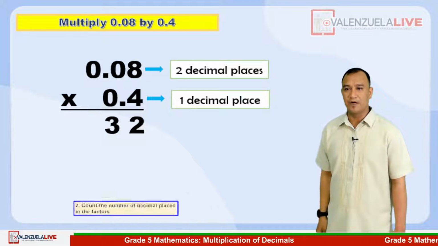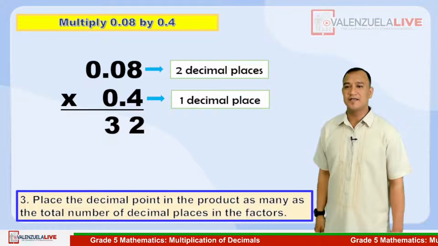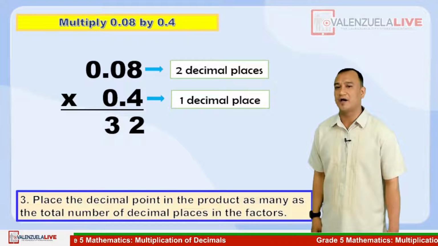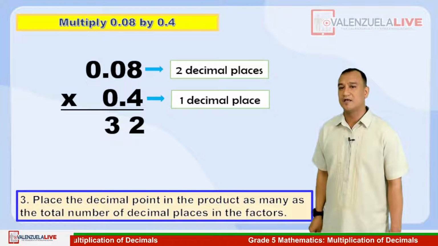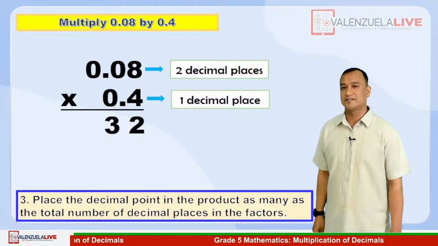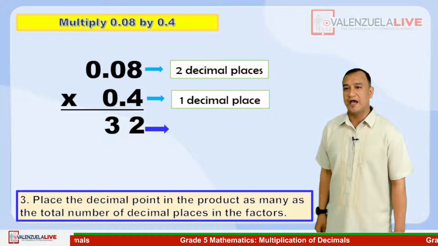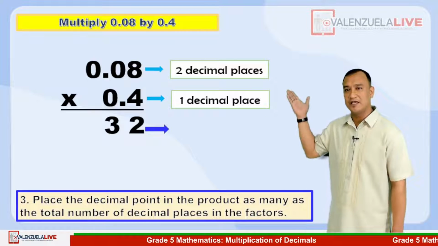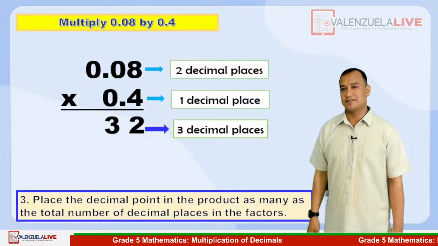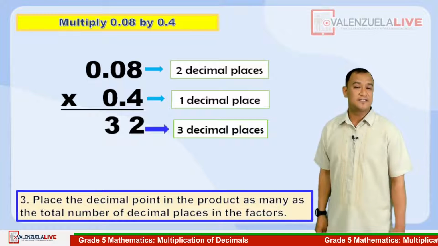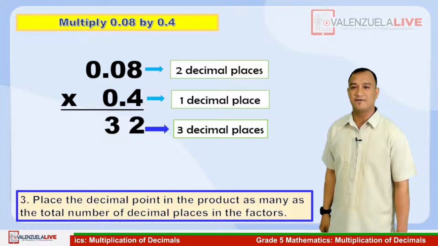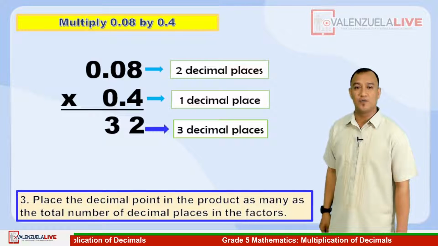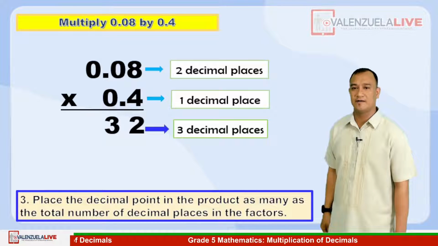Now, for our step 3, place the decimal point in the product as many as the total number of decimal places in the factors. So we have a total of 3 decimal places. Now, in this case, the total number of decimal places in the factors is not equal to the digits in the product.